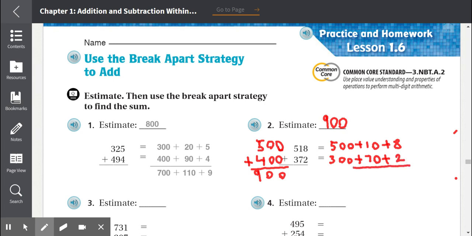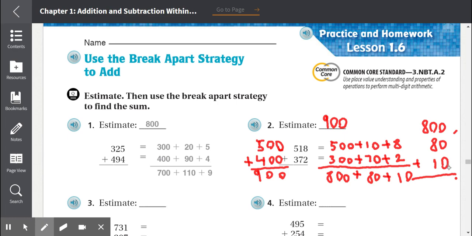Now if we add that together, 8 plus 2, that's 10. Plus 10 plus 70 is 80. 500 plus 300 equals 800. When we add those numbers together, we have 800, 80, 10.